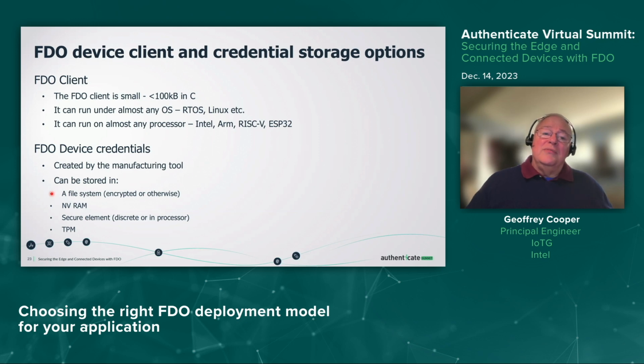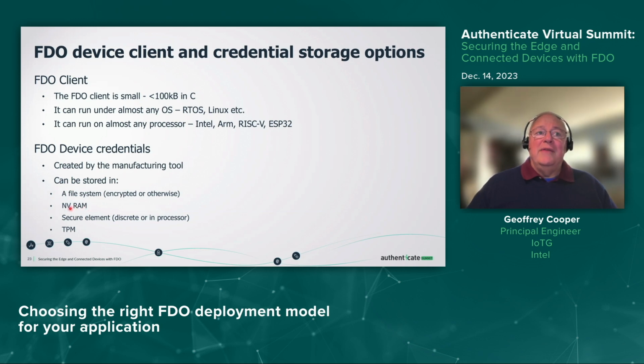If you don't have an encrypted file system, you can still store them in the file system, but then you need to worry about who's seeing the device, because they're in clear text. If somebody can pull the hard drive out of the device and copy your credentials, you wouldn't want that. It would mean FDO is not able to protect you against somebody copying your credentials and pretending to be your device. So you'd want the protection of either the physical device or encryption in the file system. Where else can you put them?